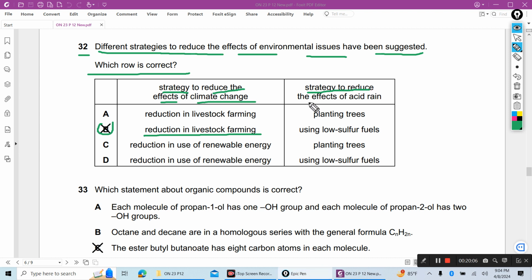Strategy to reduce the effects of acid rain: using low sulfur containing fuels, then acid rain can be reduced. Reduction in livestock farming is used to reduce the effects of climate change. B is the correct answer.